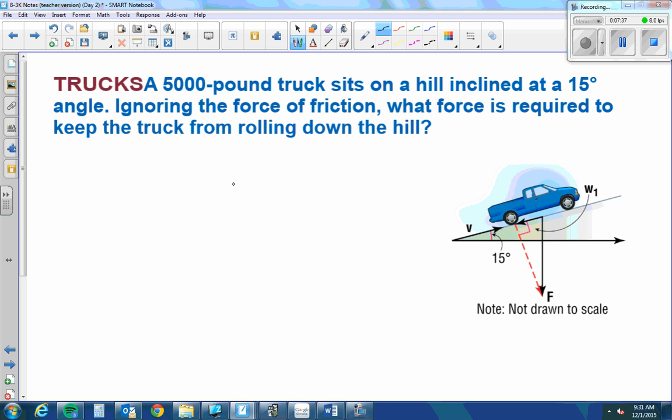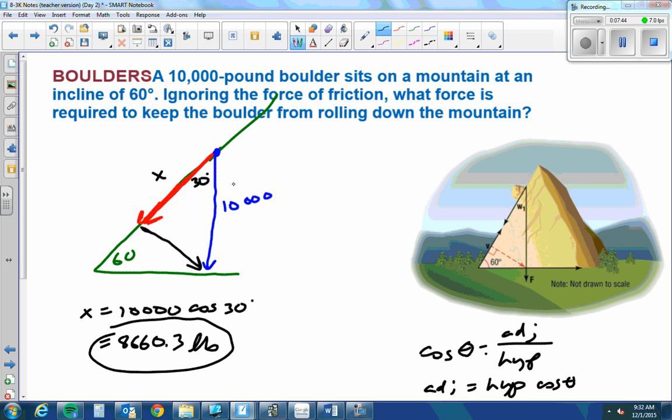All right. Like I said, try this one. The last one, if you didn't already write it down, the answer is 8660.3 pounds.